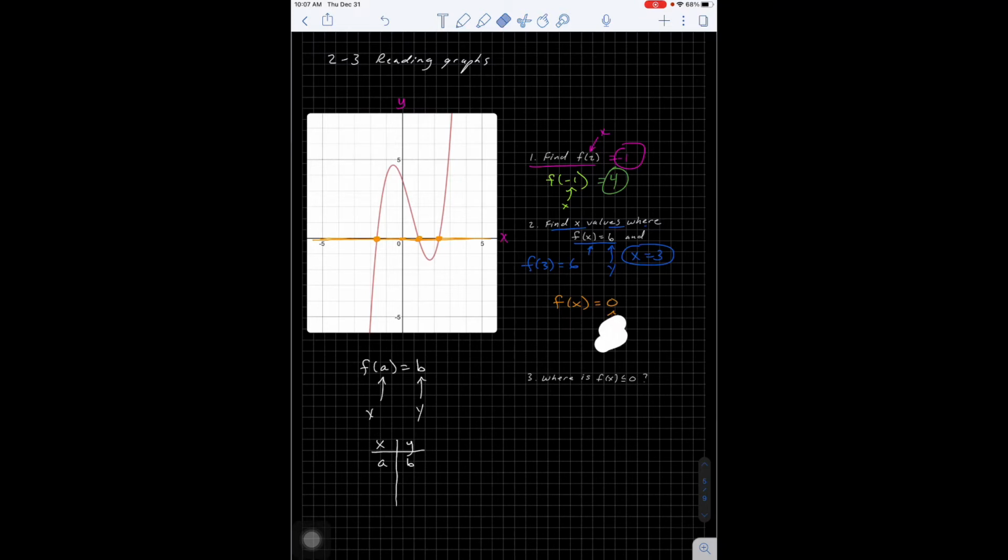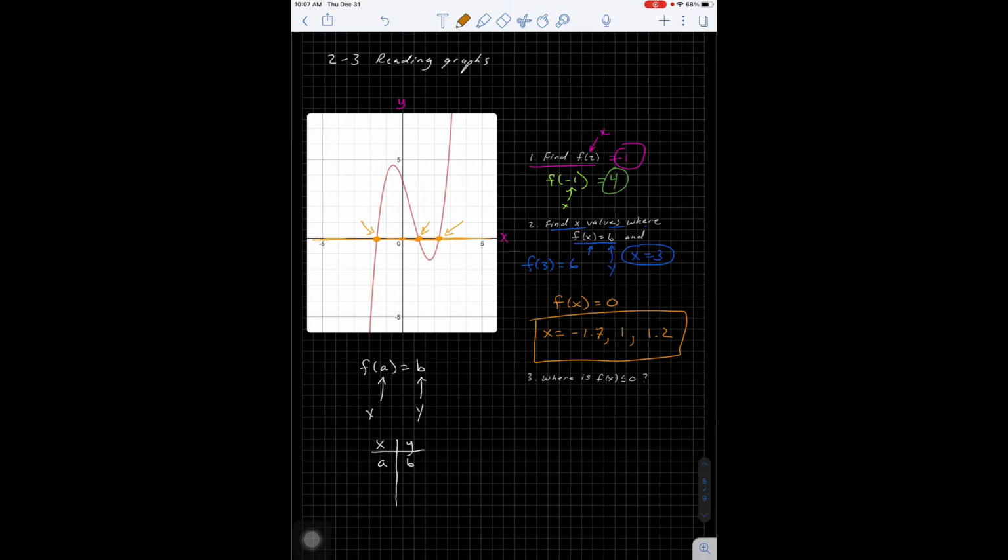They're not right on the line, but that's all right. So I'm going to say x equals, this one is maybe -1.7. This one looks right on at 1. And this one I'm going to have to estimate, let's say 1.2, somewhere around in there. And those are my answers. So you can have multiple answers on these.